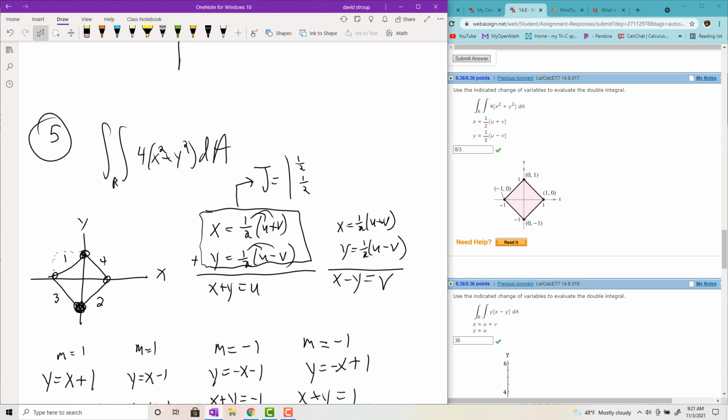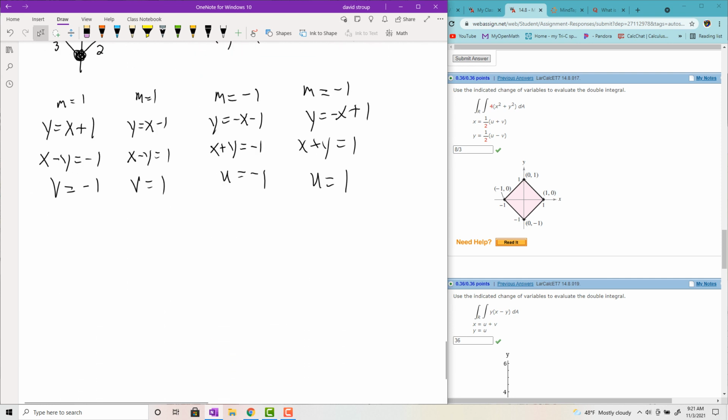Then the y portion, it'll be 1/2 and then negative 1/2. That'll equal negative 1/4 minus 1/4, which will be negative 2/4, which will be negative 1/2. And then I have to take the absolute value of that. So the absolute value is positive 1/2. So the Jacobian is positive 1/2.